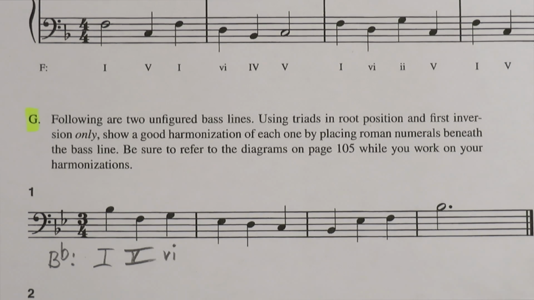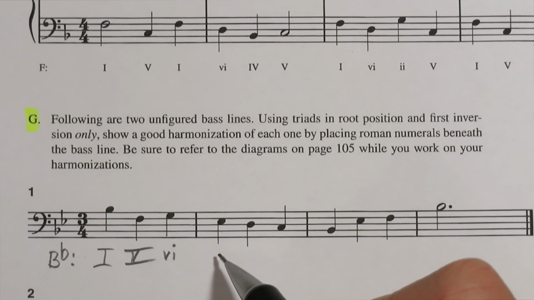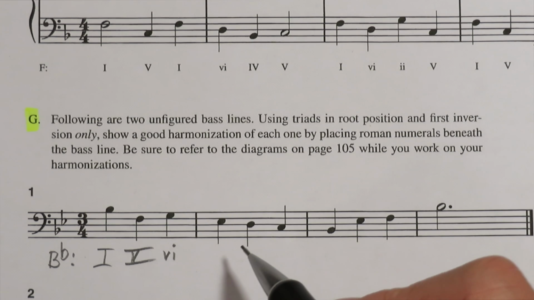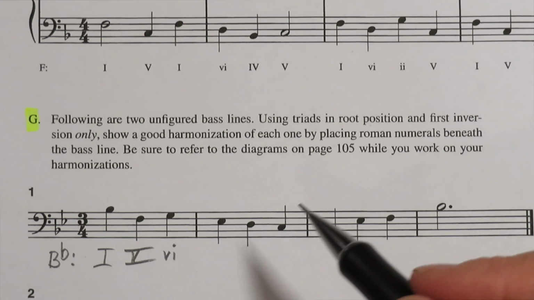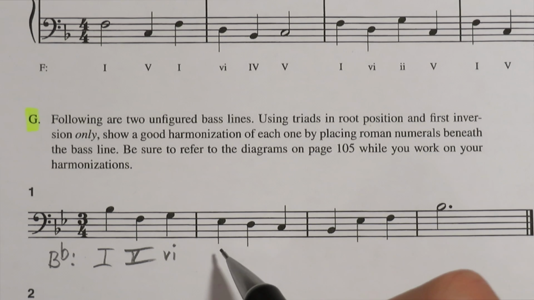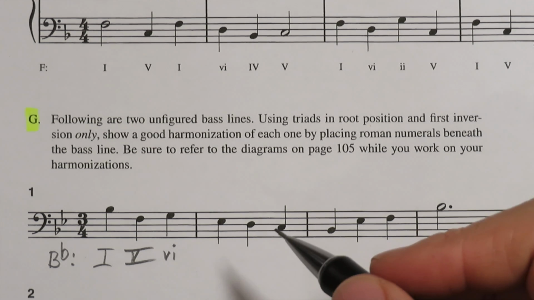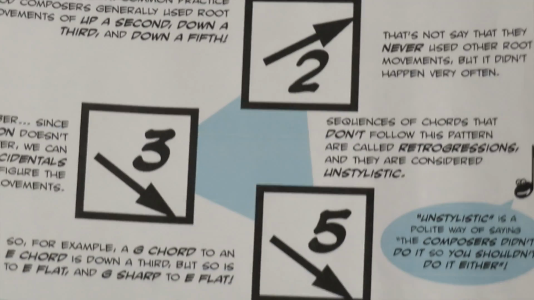And here we have an E flat. And that could be the 4 chord, the root of the 4 chord. Or it's the 3rd of the 2 chord, the C minor chord, C, E flat, G. 6-2 is a good movement. 6-4 also works. Right?